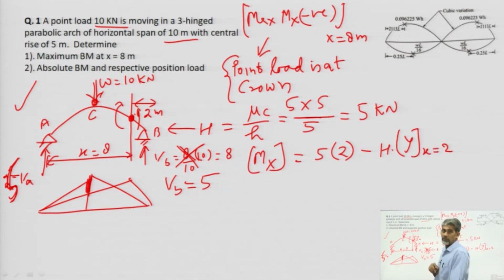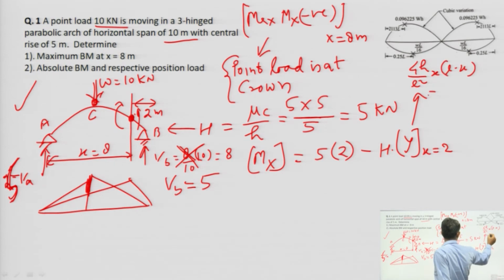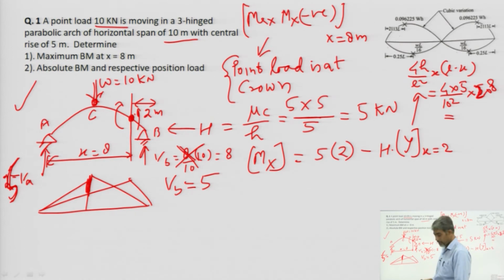That you need to calculate by 4h by L square into x into (L minus x). So it is 4 into h, which is 5, divided by 10 square, into 2 into 8. This is the ordinate of y.